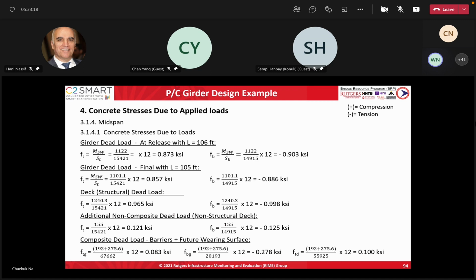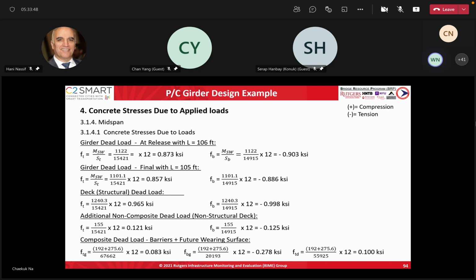Now, checking only the girder, we need to check the stresses in the girder due to its own load, self-weight. And we can get the top and bottom by simply dividing by ST and SB. Now, what's ST and SB? As you remember from mechanics of materials, sigma equals My over I. Now, SB is the moment of inertia divided by Y bottom. And same for ST, it's I over YT.